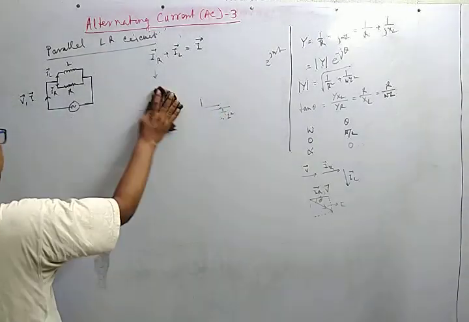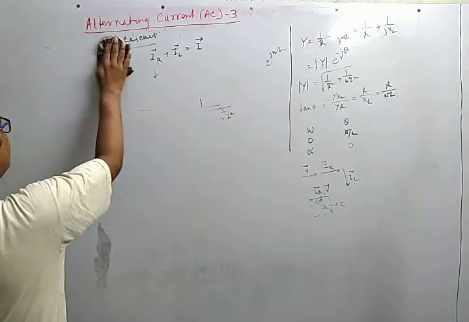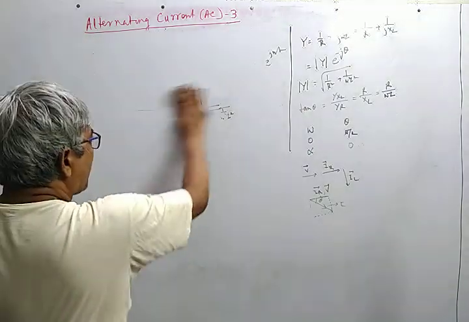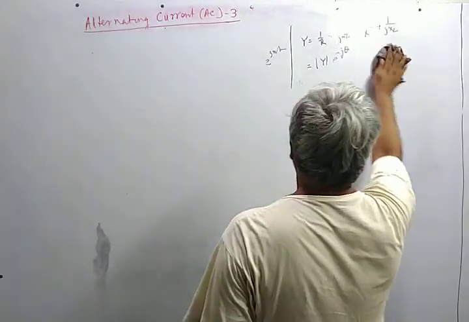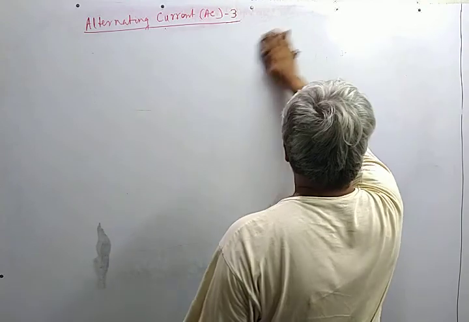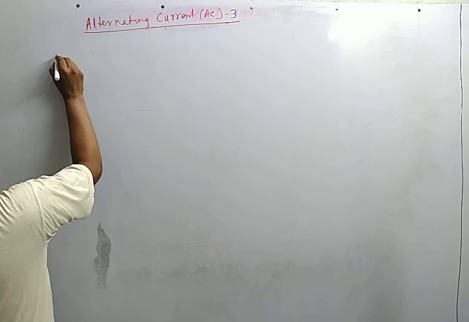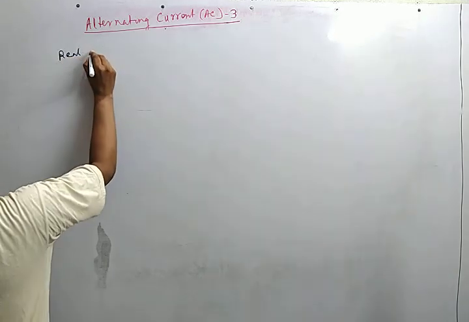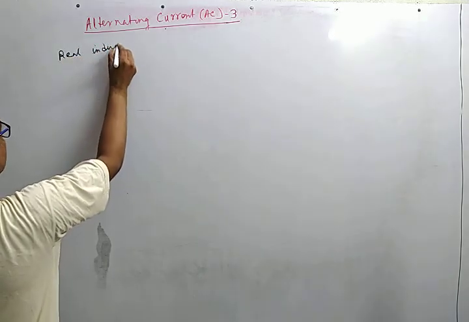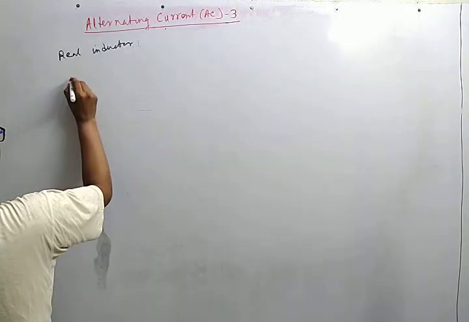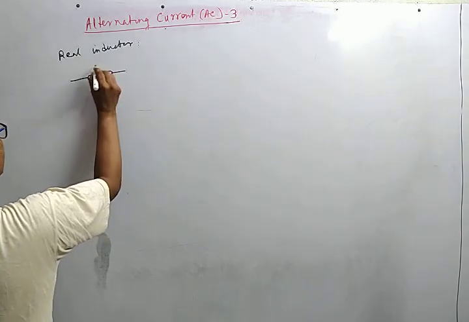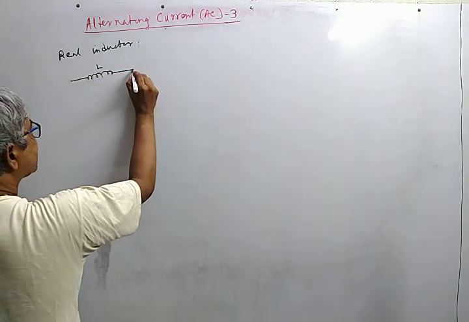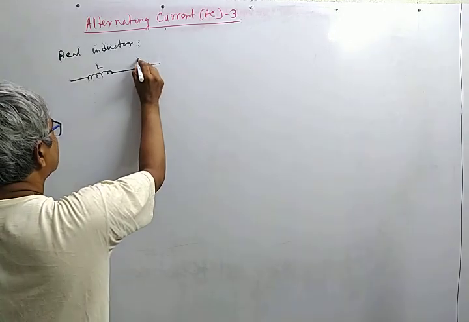A pure inductor is one which has no resistance or capacitance. But in practical life, a real inductor may be looked upon as a combination of an inductor of inductance L together with a small resistance RL in series with it.